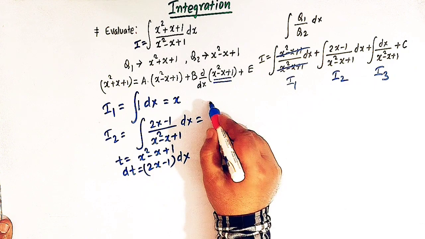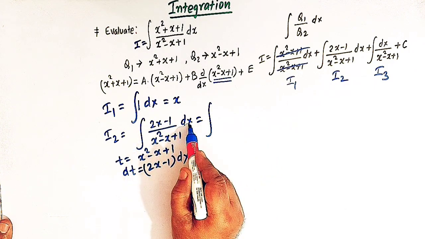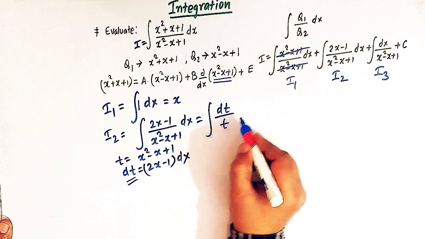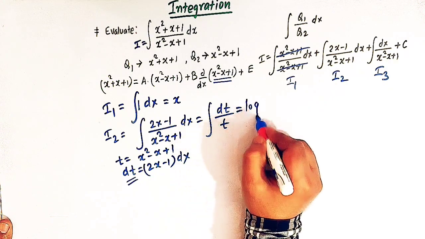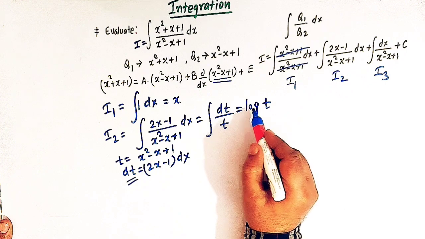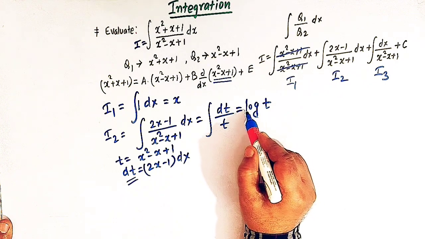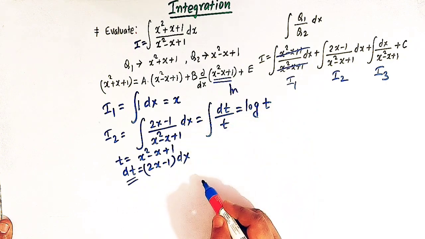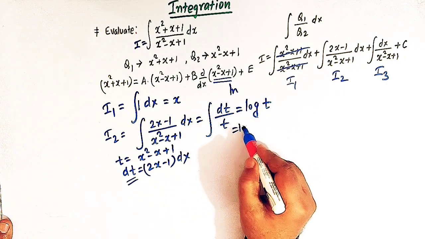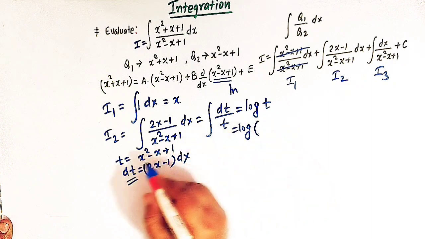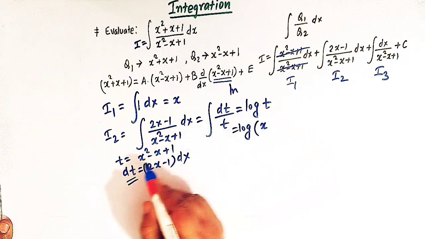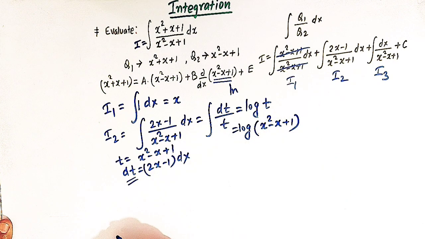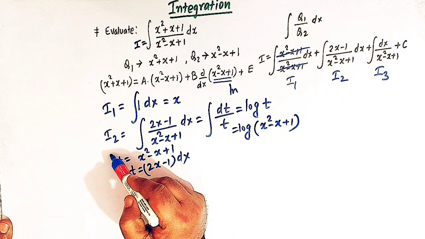So we have here 2x minus 1 dx is equal to dt, and here we have t, this is a log of t, right? So here we are using the notation log for the natural log, that is ln, right? So we have log of x square minus x plus 1, taking t is equal to x square minus x plus 1, right? So we have I1 and I2.